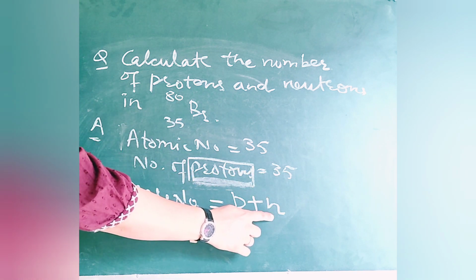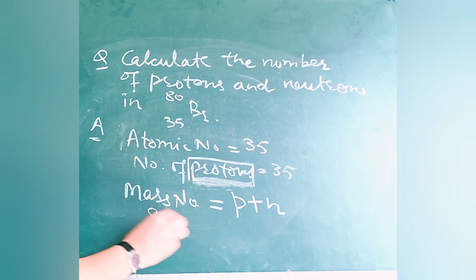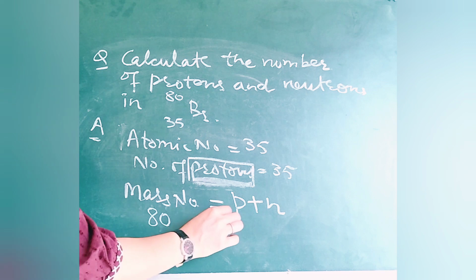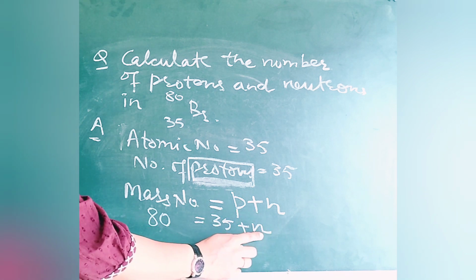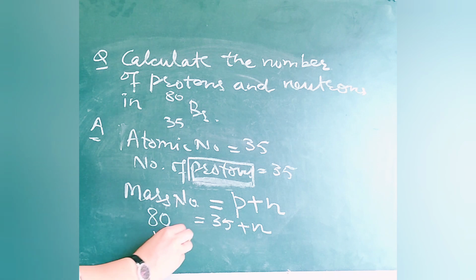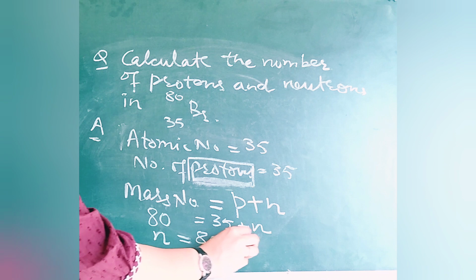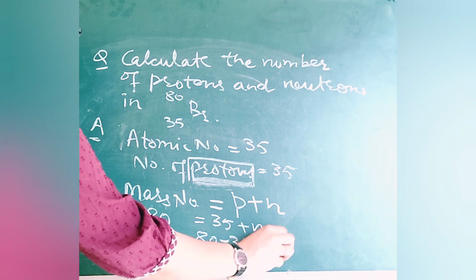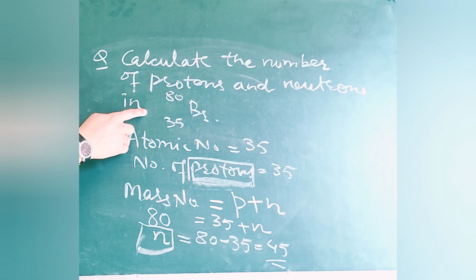So mass number is here 80. Number of protons is 35 plus number of neutrons we have to calculate. So after the calculation, 80 minus 35, that will be equal to 45. So this is your answer. Here we have got number of neutrons as well as protons as asked in the question.